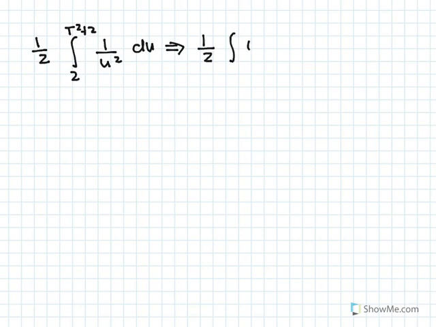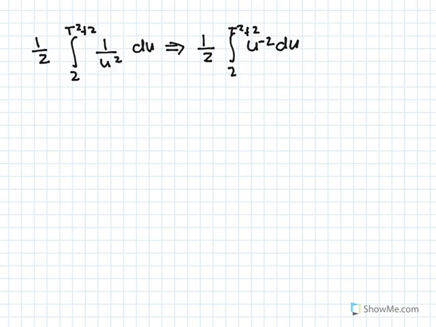So what we have is 1/2 integral from 2 to t squared plus 2, 1 over u squared du. Now the antiderivative of 1 over u squared is just negative 1 over u. So we get 1/2 integral of u to the minus 2 du, and the lower limit is 2, the upper limit is t squared plus 2.